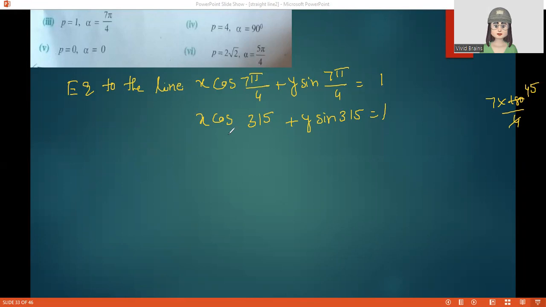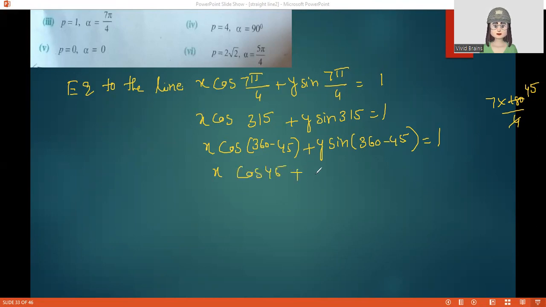So 315 means, can I write this as x cos (360 minus 45) plus y sin (360 minus 45), which is equal to 1. So x cos (360 minus theta) is cos 45, plus y sin (360 minus theta) becomes minus sin theta.